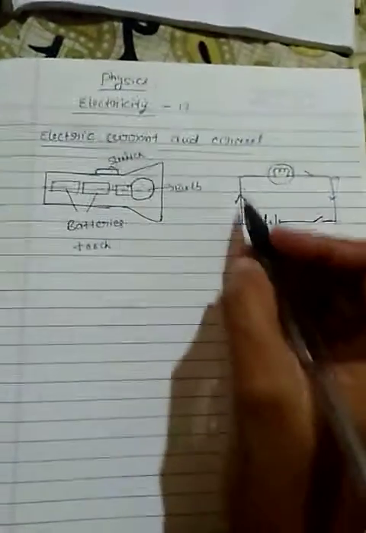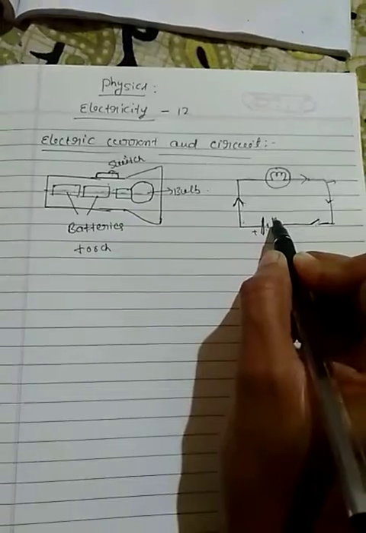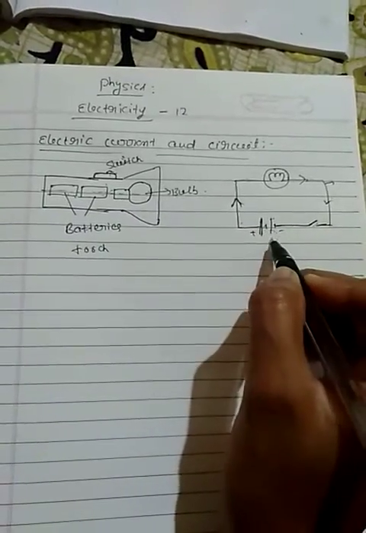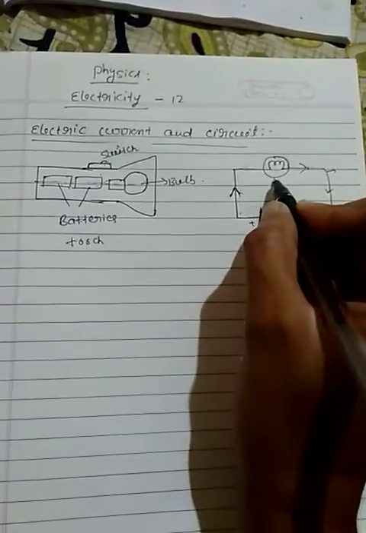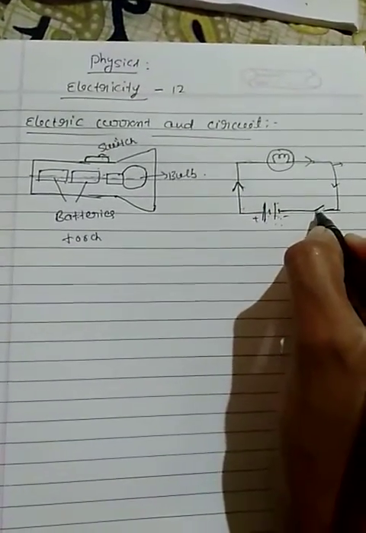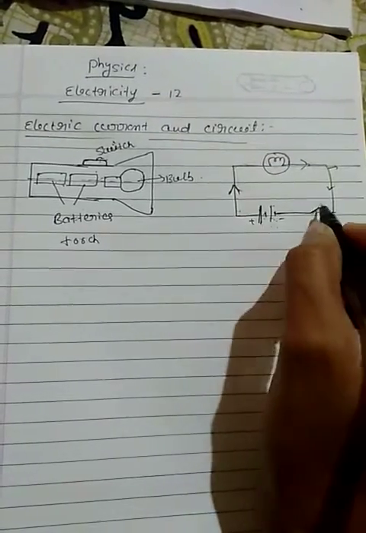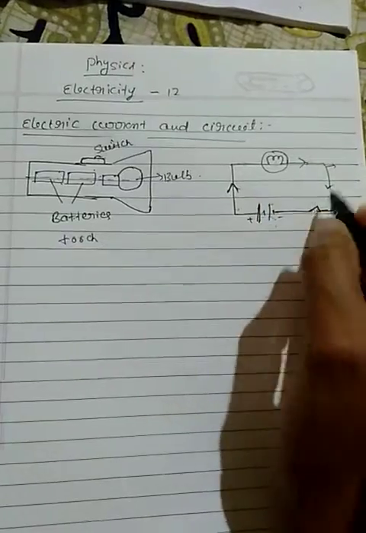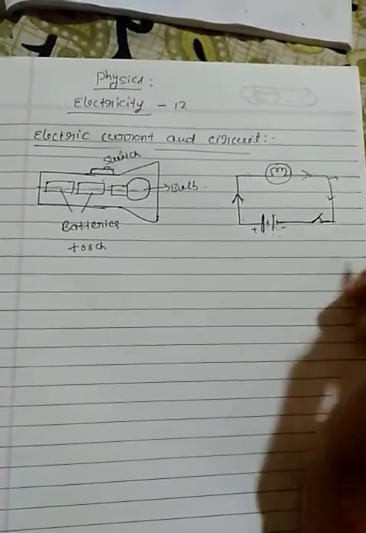This is the schematic diagram, or circuit diagram. See here, this is the switch, this is the bulb, this is the battery. If the switch is closed, what happens? The bulb will glow. If the switch is open, what happens?